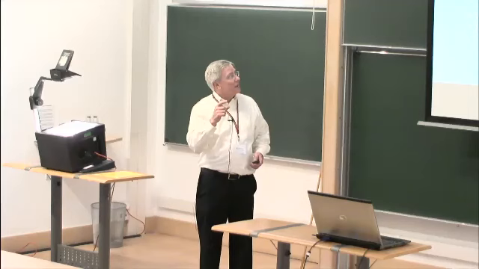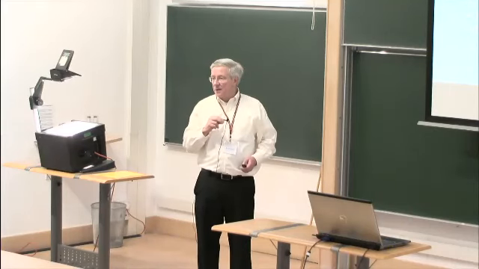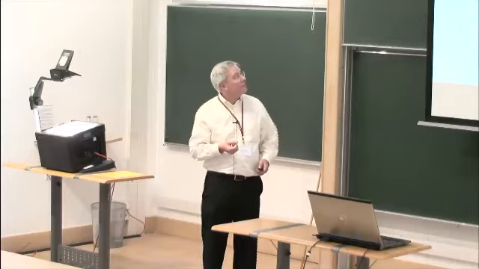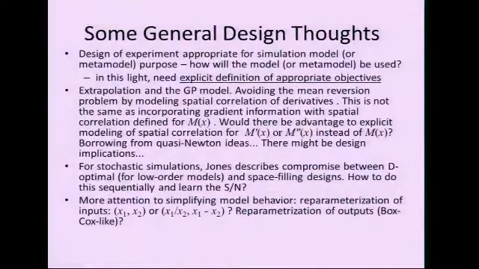So I think more careful thought about the use of the model should affect what the design criteria are. So that means some kind of explicit definition of objectives that would change depending on which of those uses, or which suite of uses, we had in mind.